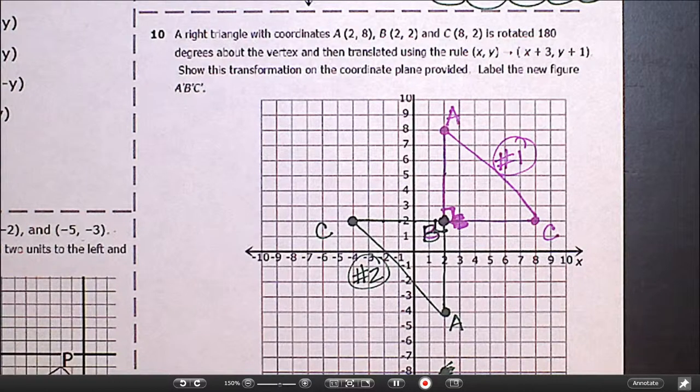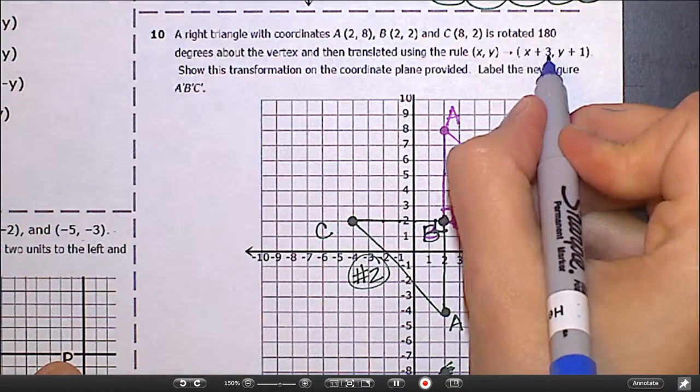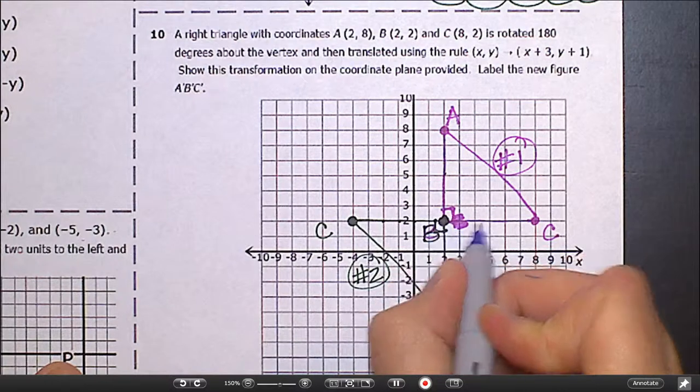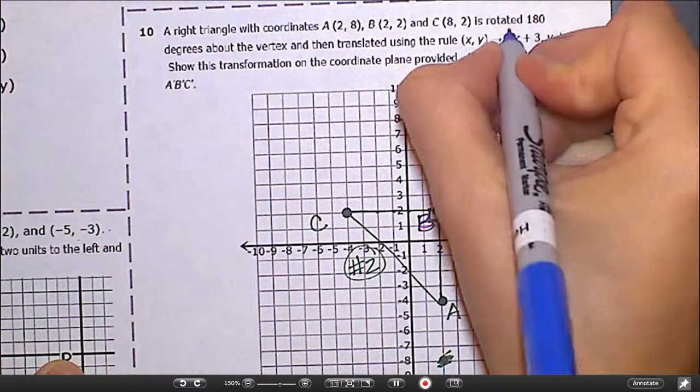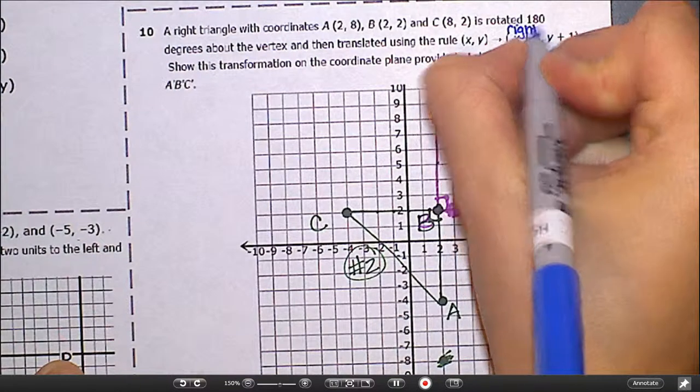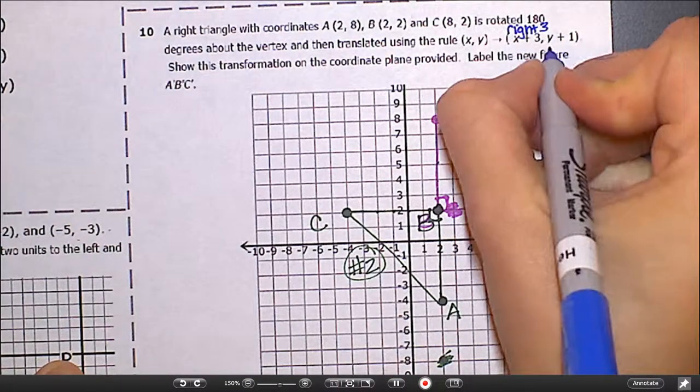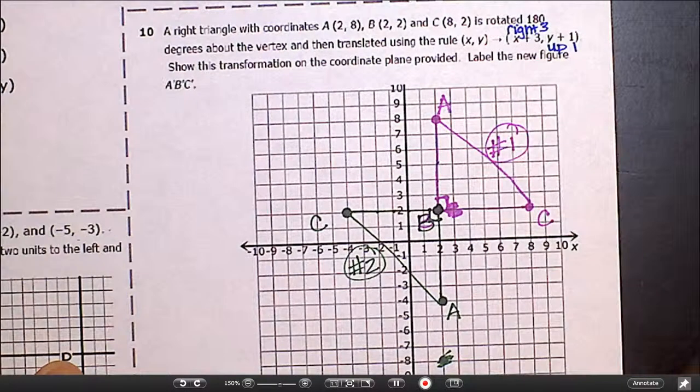And then it's going to be translated. So now let's translate it. X plus 3. So that means I'm going to move to the right 3. So x plus 3 means right 3. And then y plus 1 means up 1.